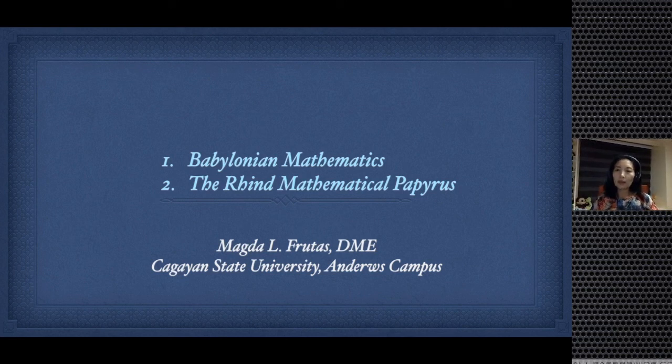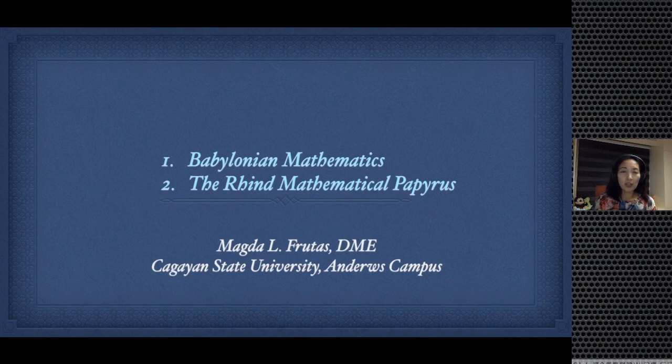So what are the objectives set for you for this session? At the end of the lesson, you should be able to describe the Babylonian number system. Number 2, convert Babylonian cuneiform to our current day numbers and vice versa. And number 3, perform operations on Egyptian hieroglyphs.